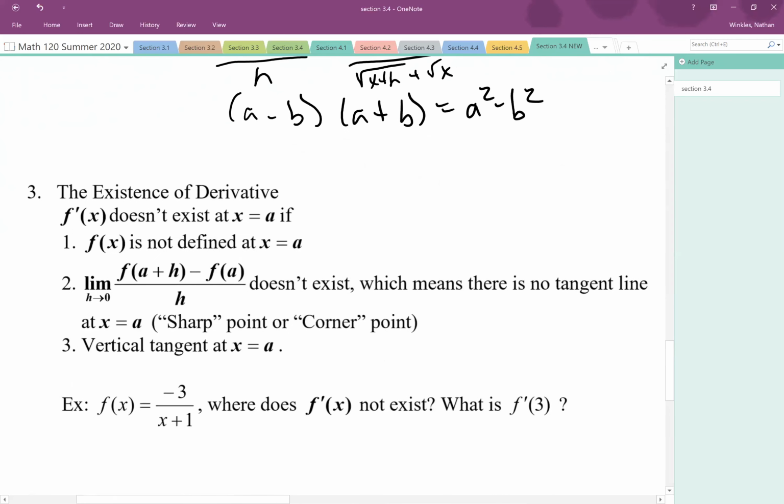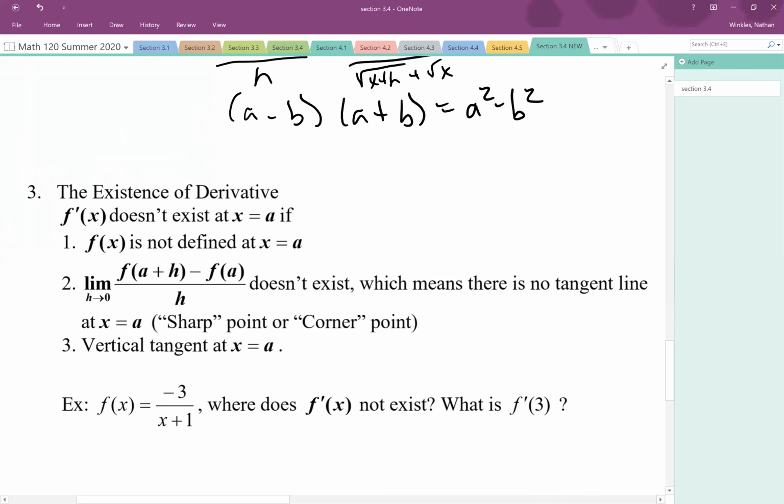Now, we've been talking about derivatives without having to really dig deep into them, meaning we've assumed that all of our derivatives exist. What if it doesn't exist? That's the type of question we have to ask ourselves: when does it not exist? So f prime of x does not exist at x equals a.